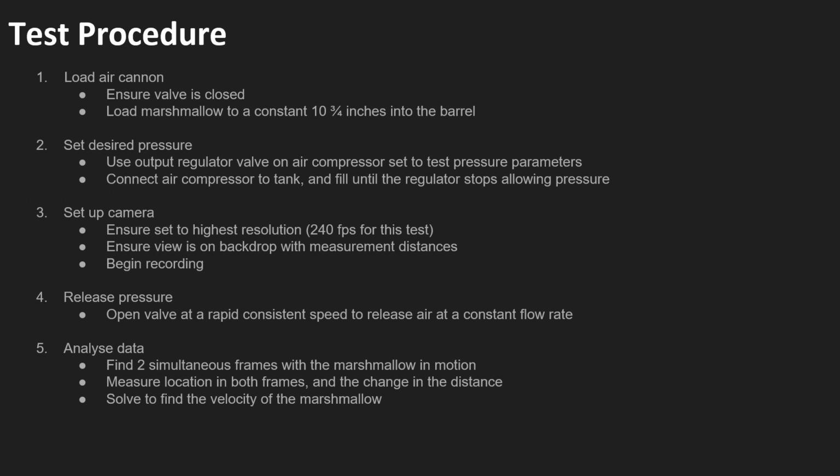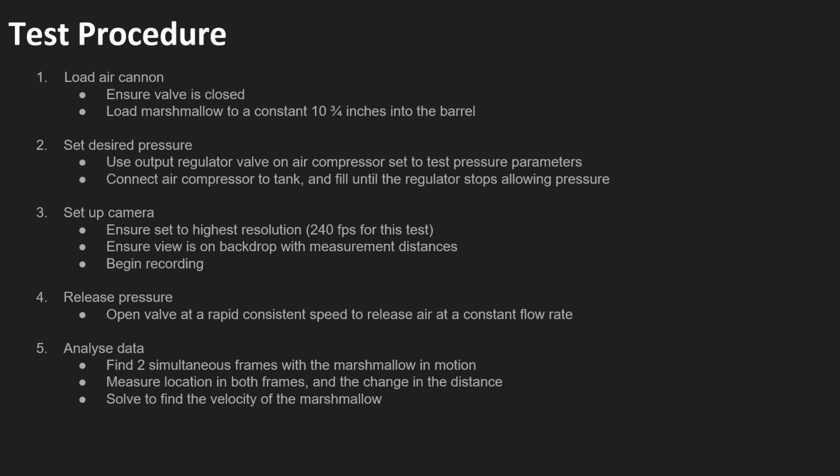For the test procedure, we had a 5-step process which included loading the marshmallow into the air cannon, setting the desired pressure on the tank, setting up the camera with the right PSI and lighting, releasing the air pressure so it would hit the marshmallow in a consistent manner, and analyzing the data.